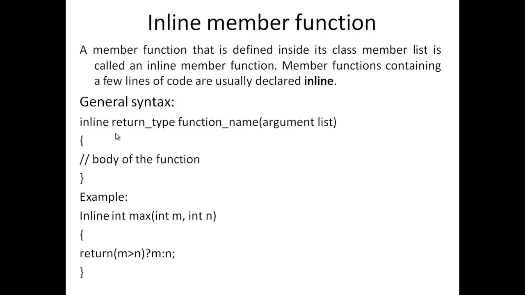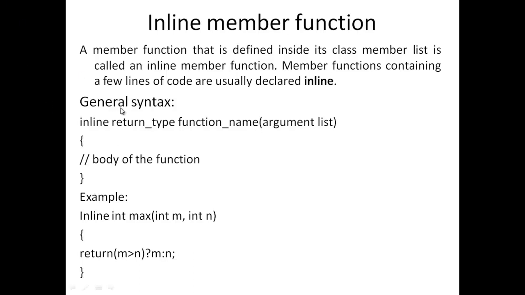When we call the function, control first jumps to the body of the function, and after reading the total body, the calculated value is returned to the main function. This procedure is very time consuming, so this time is reduced if we use inline functions.